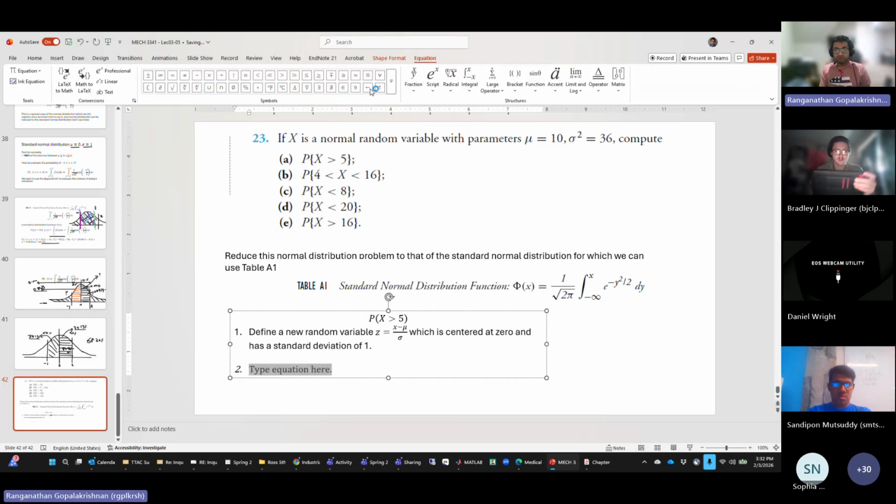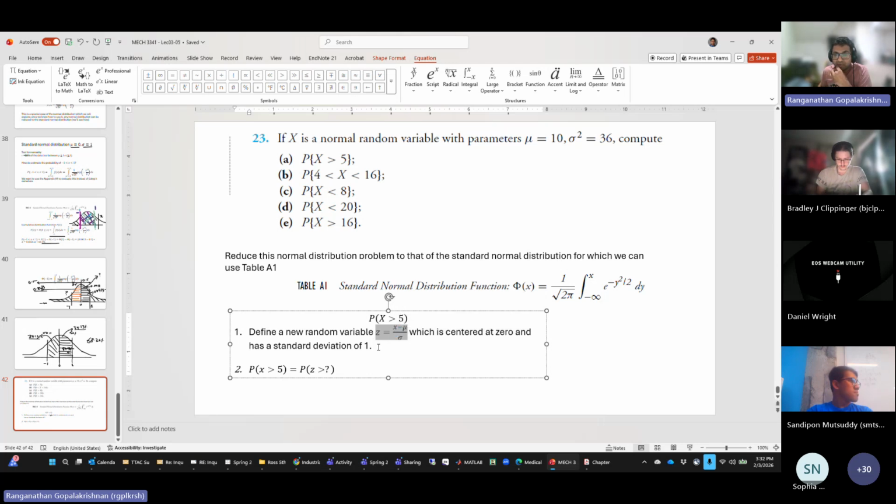So if you want to convert the statement probability of X greater than 5, that will be probability of Z greater than what? That's your question. Wherever X appears, you can convert X to Z using this transformation.